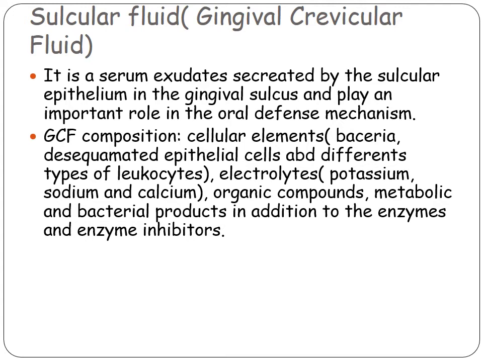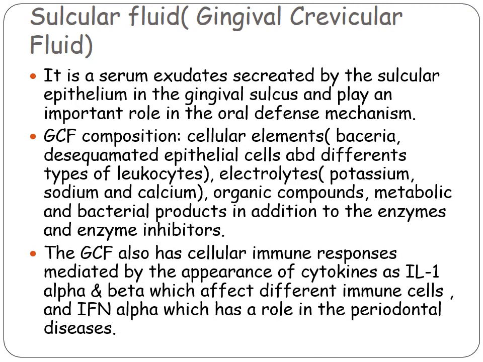In addition to the cells, it contains electrolytes such as potassium, sodium, and calcium, while the organic compounds, metabolic and bacterial products, and their enzymes and enzyme inhibitors can also be detected in the gingival crevicular fluid.